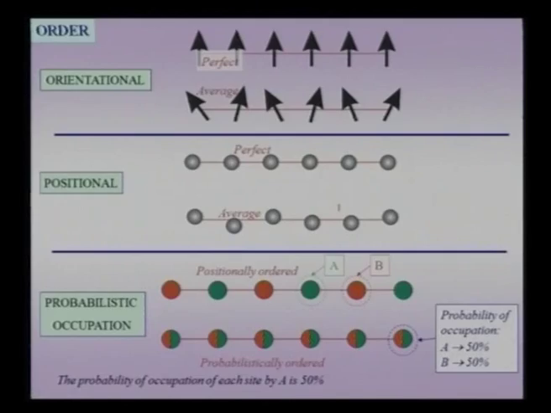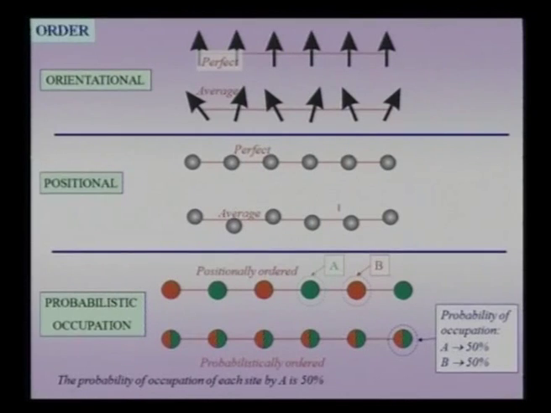So, this is the picture I was giving for instance of thermal vibration. At any instant of time, atoms may not be sitting at the lattice point, they may be away from the lattice point, but still in the average sense they are around a lattice point. So, even in these cases I can consider this as an average positionally ordered crystal. So, I can have true orientational order or an average orientational order, true positional order or an average positional order when I am describing crystals.